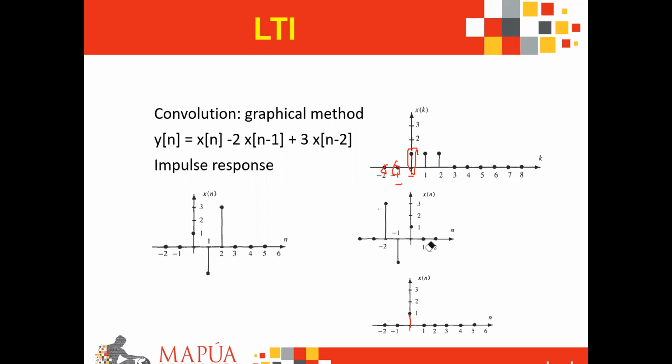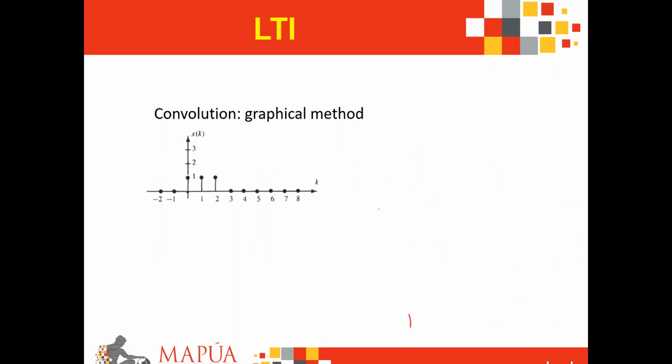Nakuha? If I begin shifting now the signal, i-shift natin ngayon yung signal, this is still the original input signal. So this time, I shifted the impulse response. Ito na ngayon, shift ko na yung impulse response. And note all overlapping values are eventually multiplied and then summed up.